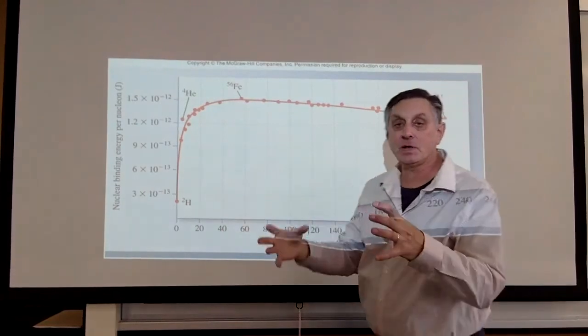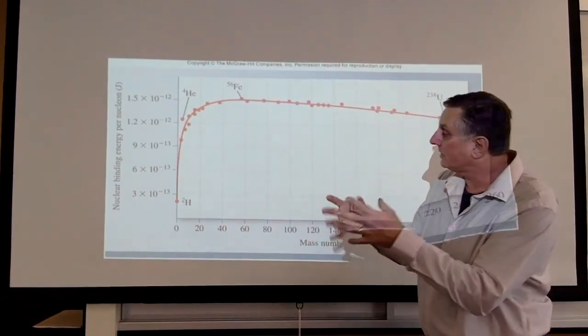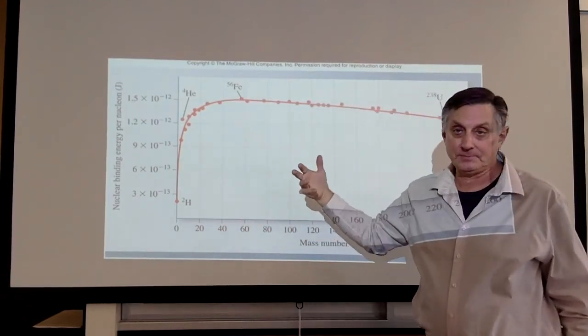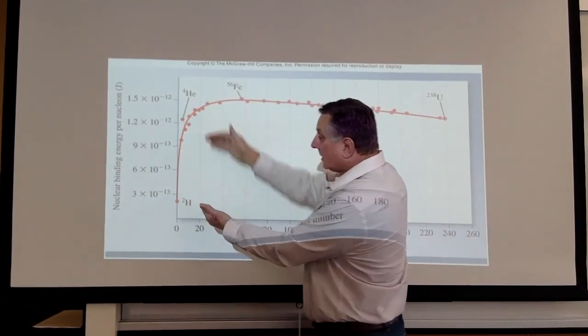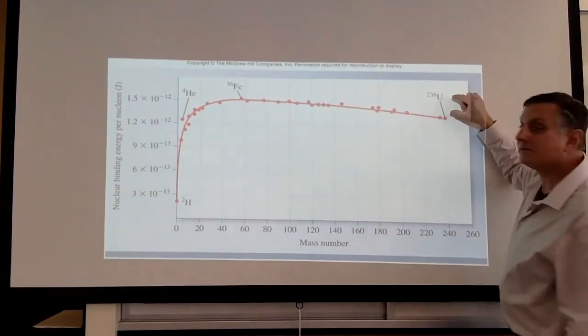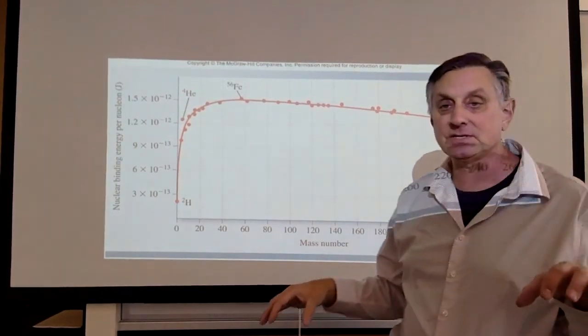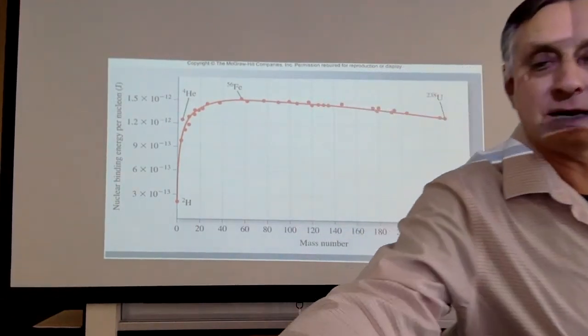This is where we have smaller nuclei that fuse together, that combine together. And when that process happens, they give off even more energy. So this is why fusion reactions are so much higher energy than fission reactions. Fission is a large nucleus disintegrating. Fusion is where light nuclei combine.